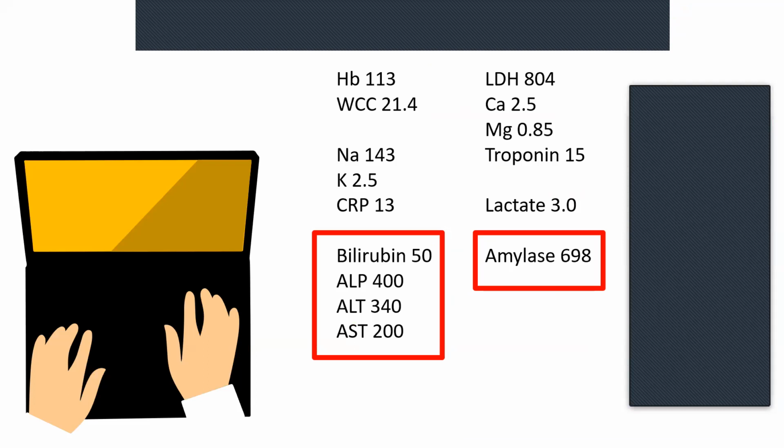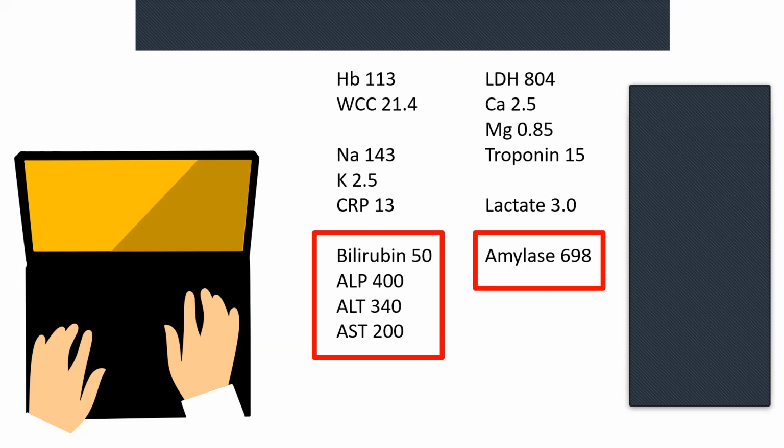I apologize, my slides are a little mixed up in order, but you do the blood tests for this patient and you realize Mrs. M has elevated white cells. Potassium's a bit low as well, 2.5, but the main things of concern are that the lactate's quite high, the amylase is also really high, more than 3 times the upper limit, and she has significantly deranged LFTs.